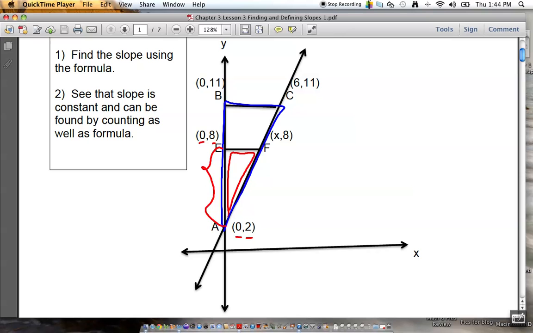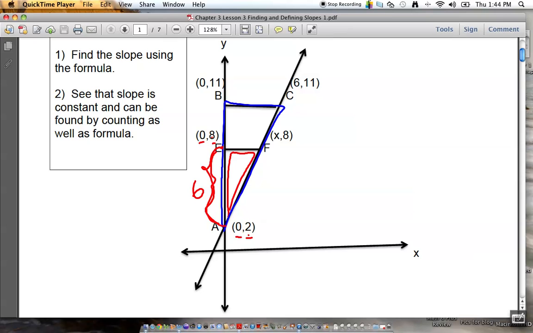Do you see how it stays on the x-axis at 0? But if I go from 2 to 8, how long is that side? 6. Right? Because 2 plus 6 more places lands me at what? 8.